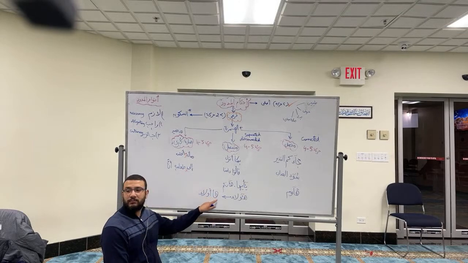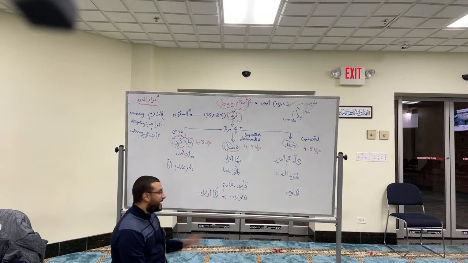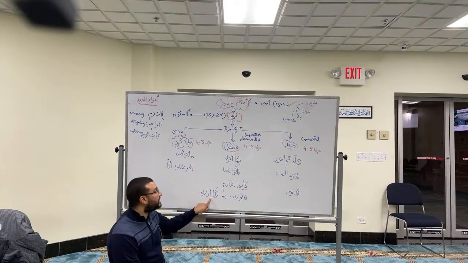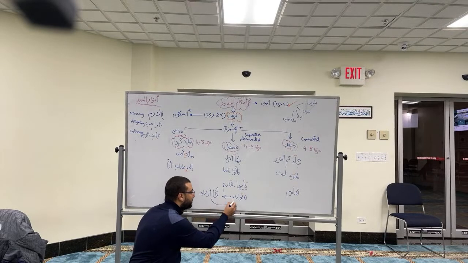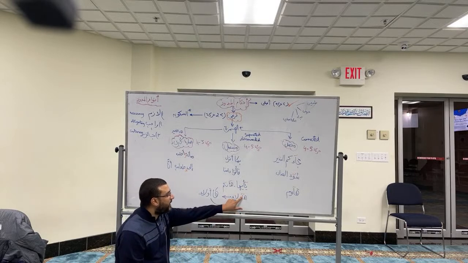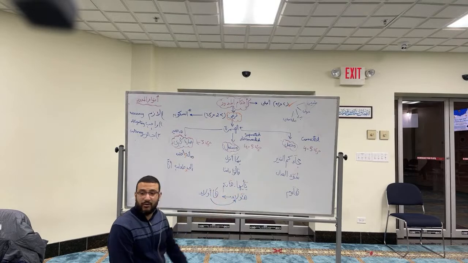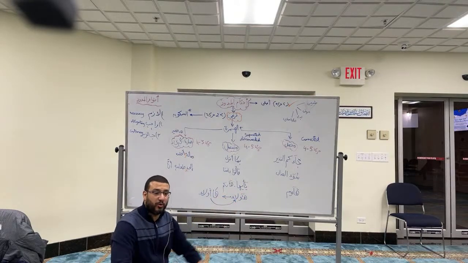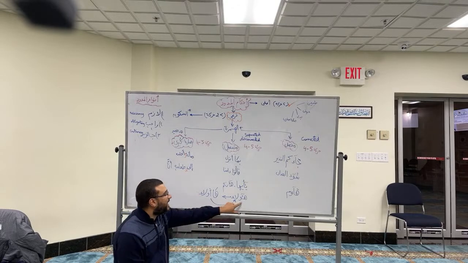So what is that? This is a harf with a fatha followed by an alif, and then what's happening? A hamza. So this is a mad munfasil. But in the Mus'haf, to make it easy for writing, they wrote it this way. So when you see the word هؤلاء, you see here is the alif, and here is the mad. That's actually a mad munfasil, although it looks like it is in the same word. But those are two words that were merged together. So this is still a mad munfasil.